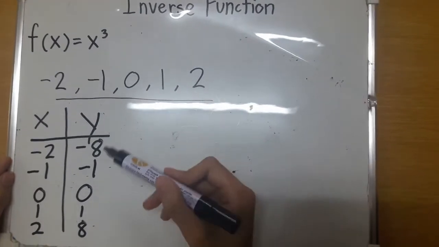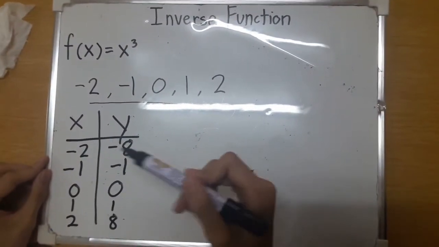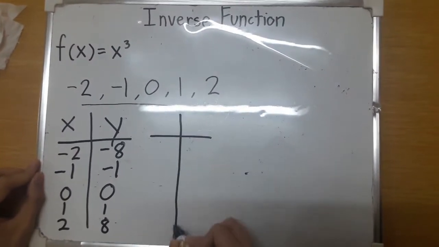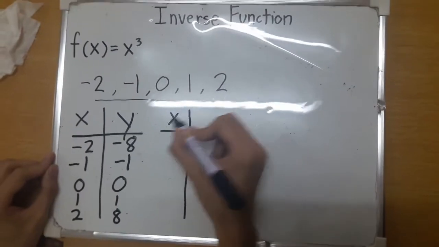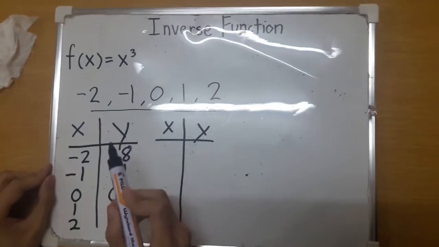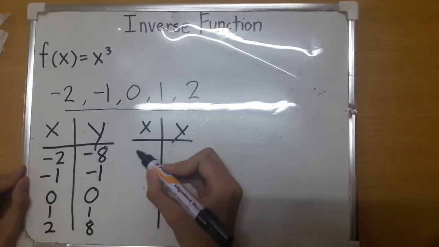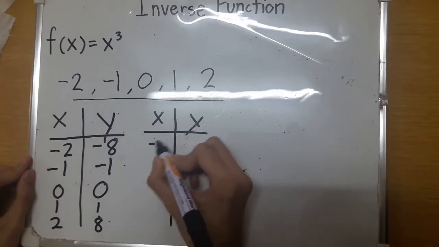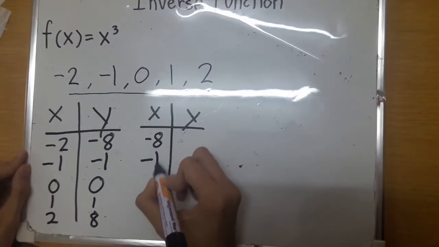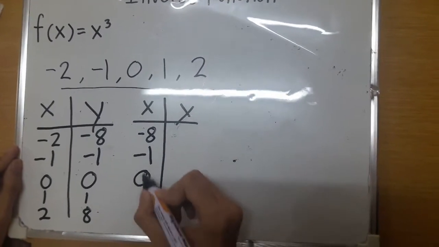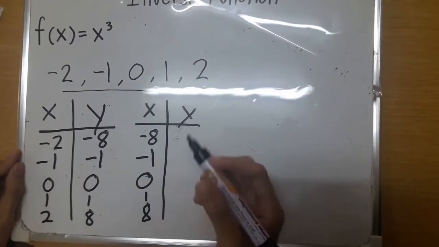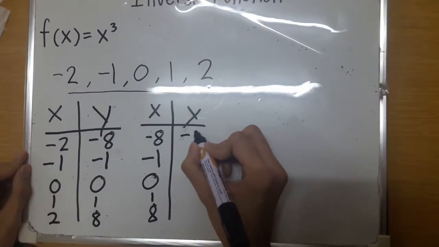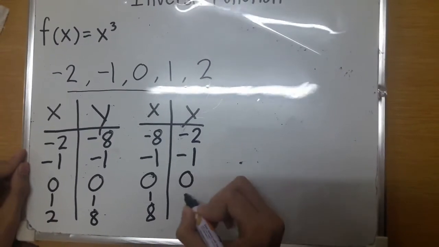Now we're going to transform this t-chart into an inverse function, which means we're going to make another t-chart for our inverse function, x and y. Then the y values of the original function, which is this one from here to here, so -8 from y to x, -1 from y to x again, then repeat this process. And here for the y, from x to y, -2, -1, 0, 1, and 2.